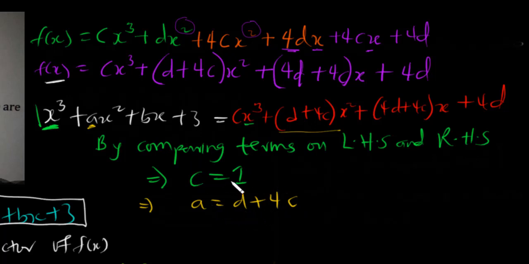So let us go on here. Let me look at the x term. The coefficient of x on the left hand side is b, and on the right hand side the coefficient of x is 4d plus 4c.